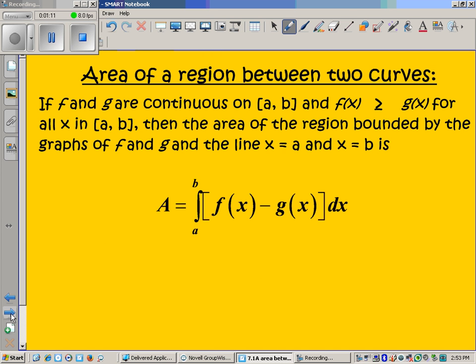So to find the area between the two curves, if f and g are continuous in the interval, and f, the function on top, is greater than g in that whole interval, then the area between the two curves of f and g from the line x equals a to x equals b, so those are your two limits of integration, is the integral from a to b of f of x minus g of x. So instead of doing two separate integrals, you can do one big one of f minus g.